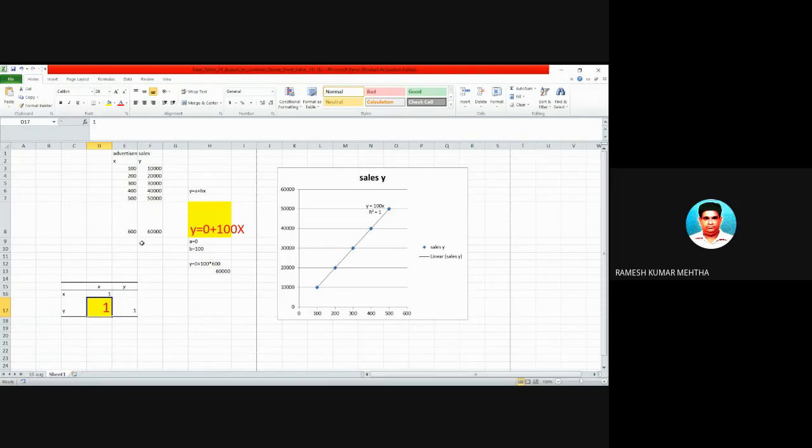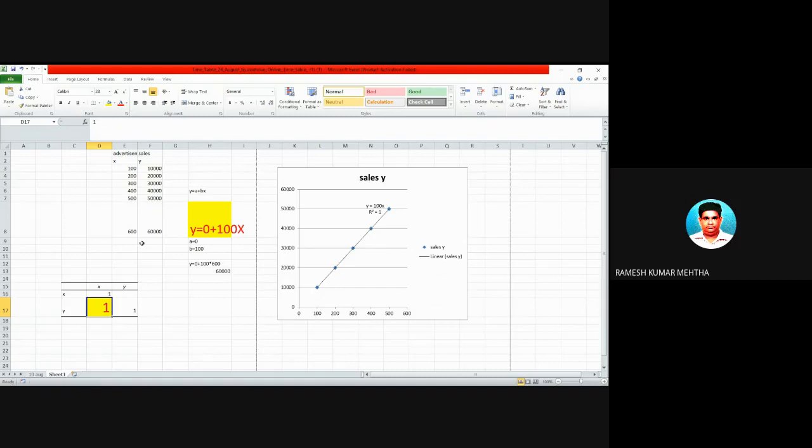And if it is tending to +1, then it is a very strong positive relationship. If one increases, the other increases. In case of a negative relationship, one increases, the other decreases. So in this case, the correlation between y and x is 1, meaning a strong relationship between advertisement and sales.